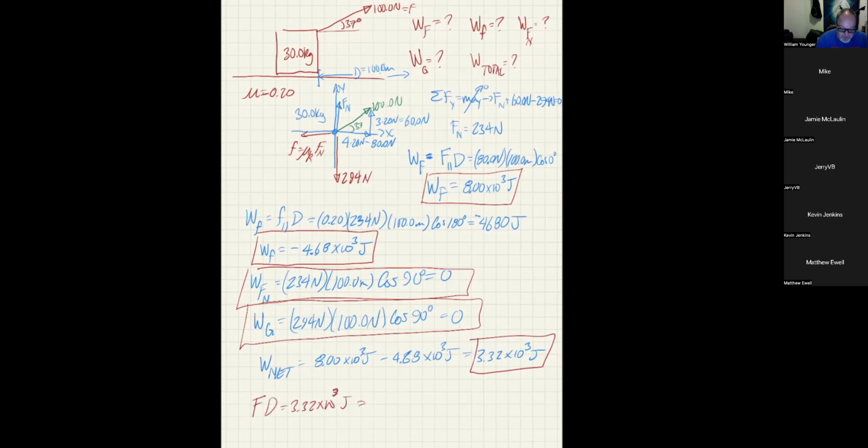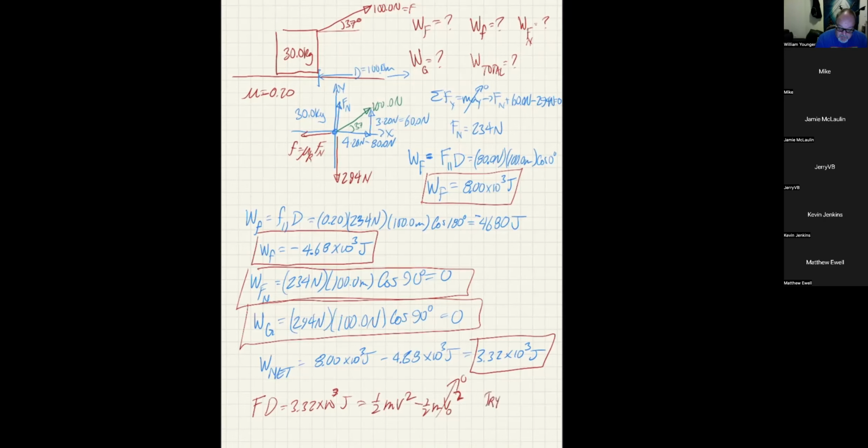And we're going to say that's equal to 1/2 mv squared minus 1/2 mv0 squared, which is just 0 because we're assuming it started from rest. You would find that, in fact, this gives you exactly the velocity you'd have if you calculated what the acceleration of this block would be and then let it accelerate for a distance of 100 meters. You get still the same answer as this. That's something I would like you to try for extra credit if you want.